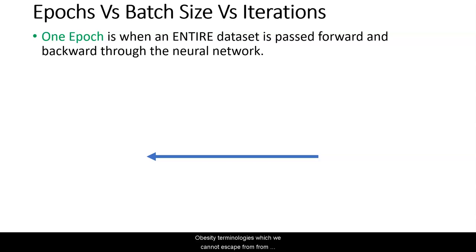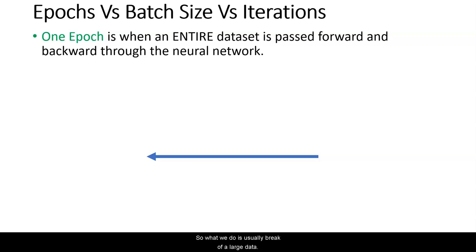So these are 3 terminologies which we cannot escape from using if you want to build a machine learning or a deep learning model. It is not possible for us to feed the entire data set into our model in just one go.